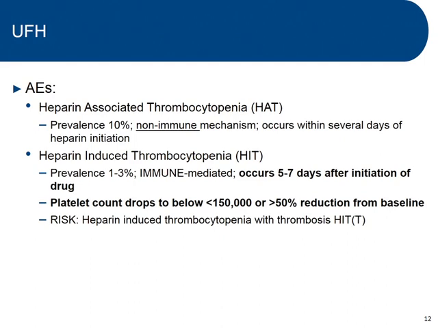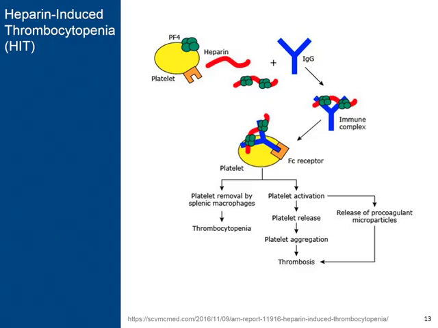And so this antibody actually stimulates platelet adhesion, and it can result in thrombosis and skin necrosis. And it can have up to a 50% mortality. So it's very, very, very serious.